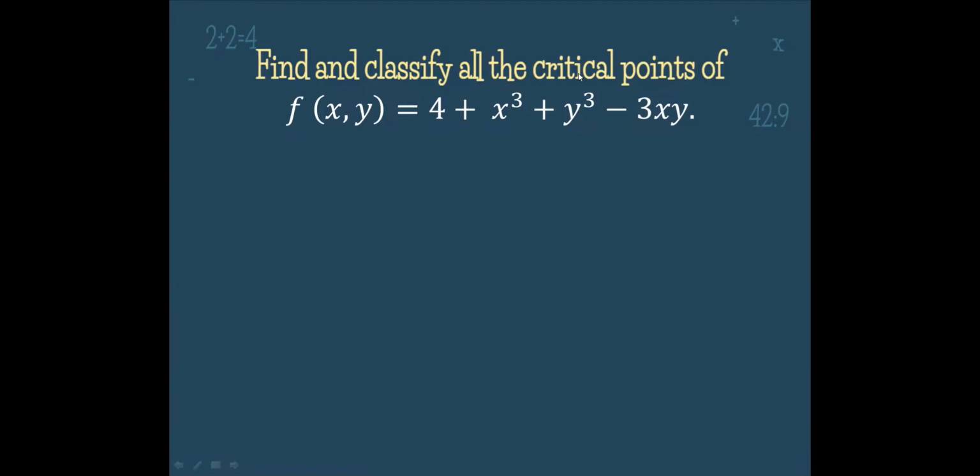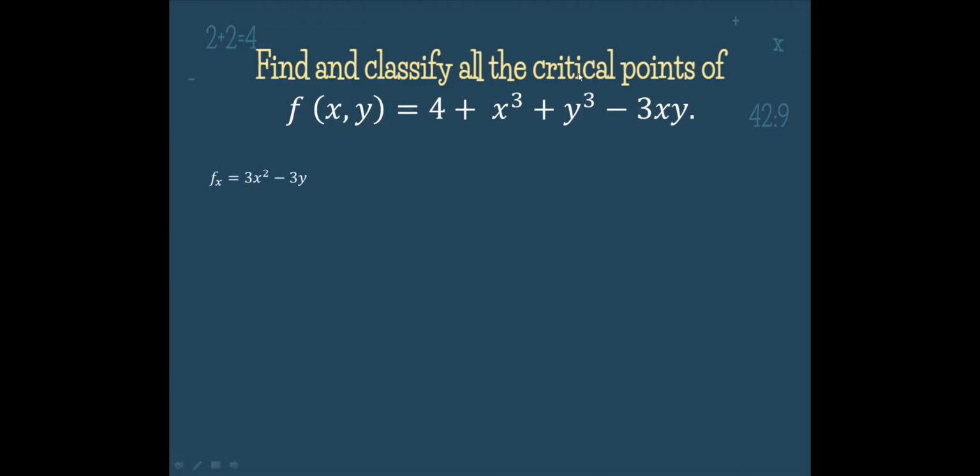So finding the first order partial derivatives, the partial derivative of f with respect to x is going to be 3x squared minus 3y.